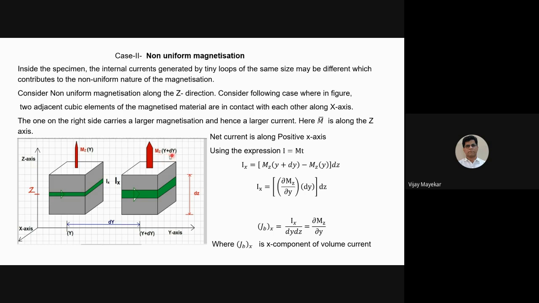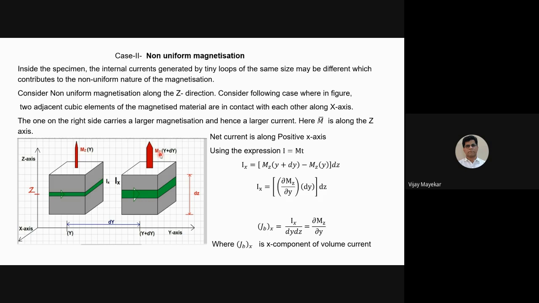These two chunks present different magnetization, though they are of the same size. So it is a case of non-uniform magnetization, and the bound currents are different in their magnitudes. That is where the different magnetization creeps in. The chunk on the right hand side at y plus dy carries more bound current, which is why more magnetization is present at that position.